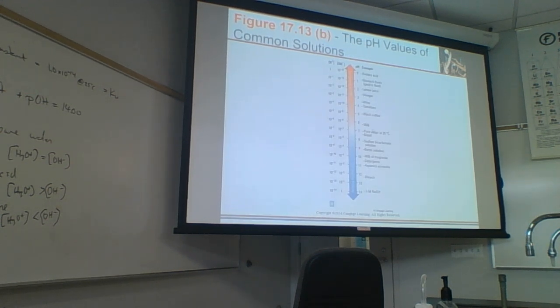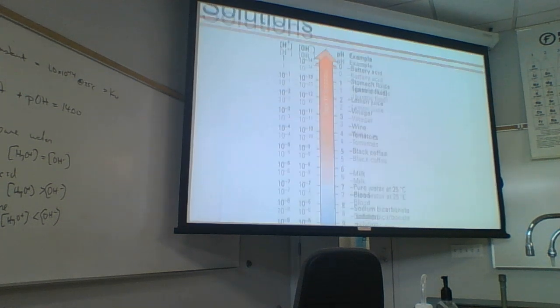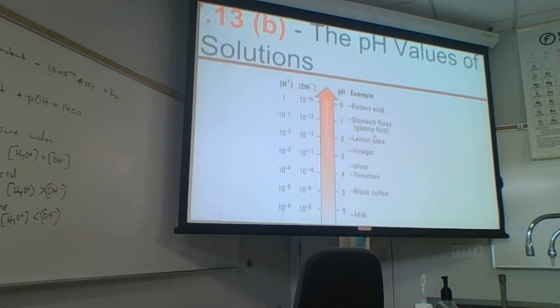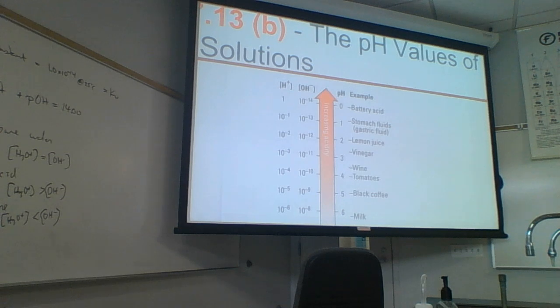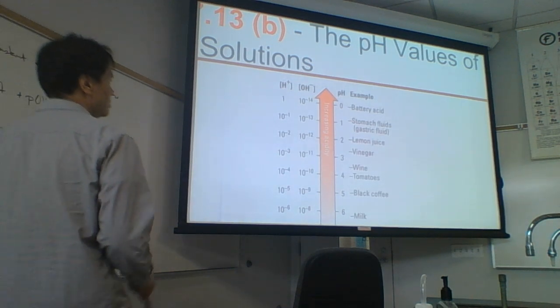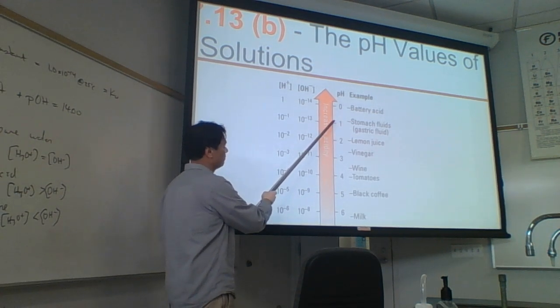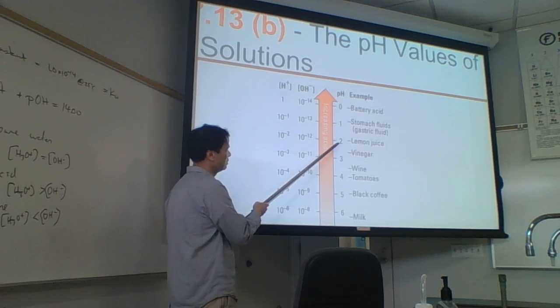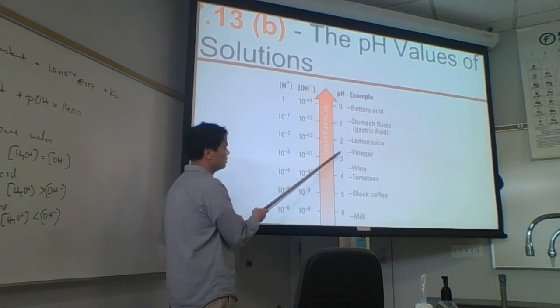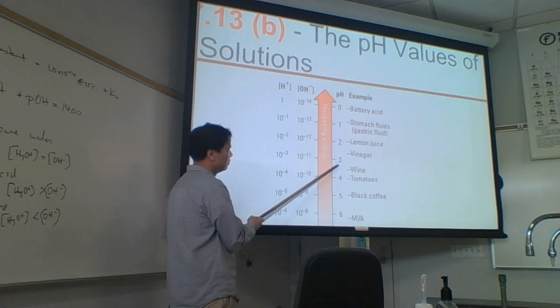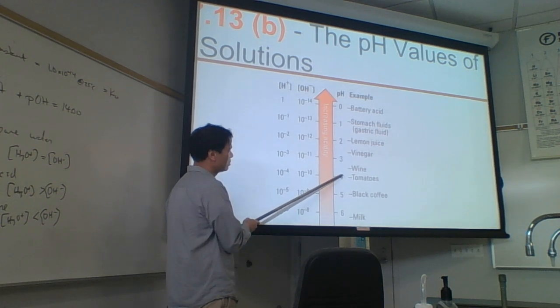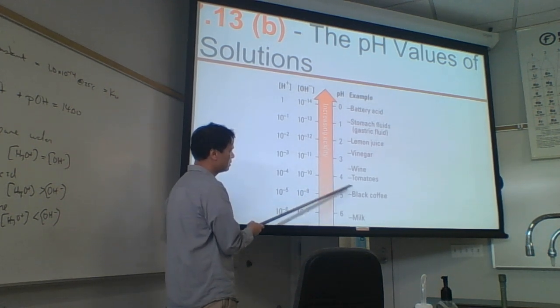What are some examples? Well, strongly acidic examples would be like battery acid. That'd be pH 0. Stomach acid is around pH 1. Lemon juice is around pH 2. Vinegar is between 2 and 3. Wine is between 3 and 4. Tomatoes are about 4, slightly acidic.